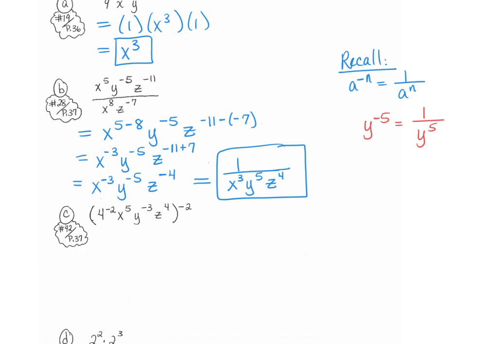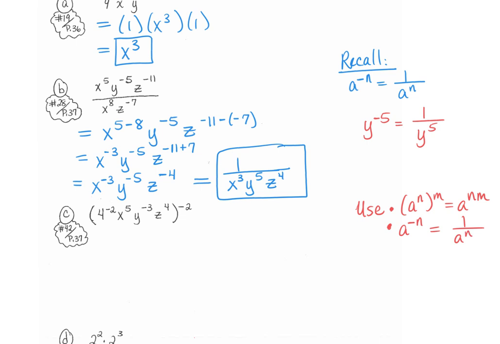So we're going to use, in this problem, we'll use a raised to the n to the m is equal to a raised to the n times m. And what other property? The fourth one, yes, we'll use that. A raised to the negative n equals 1 over a to the n.